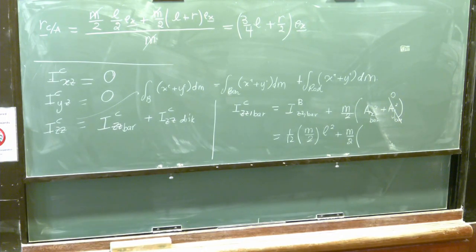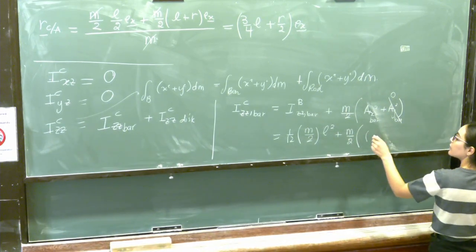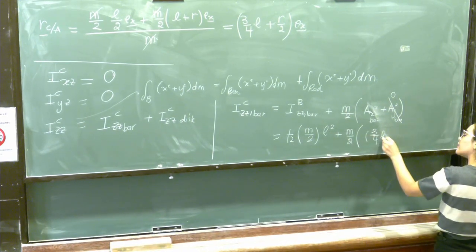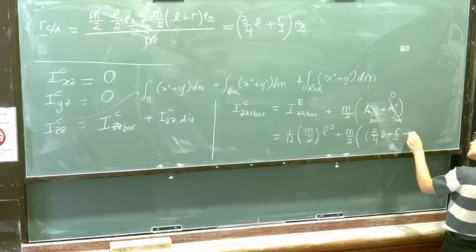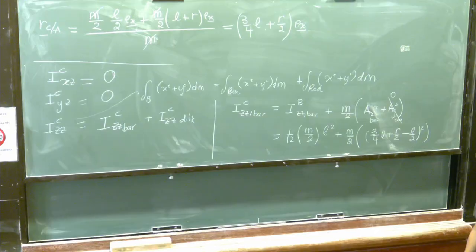So it's three over 4 L plus R over 2 minus L over 2, squared. That's AX. From here we can calculate the moment of inertia of the bar about its center.